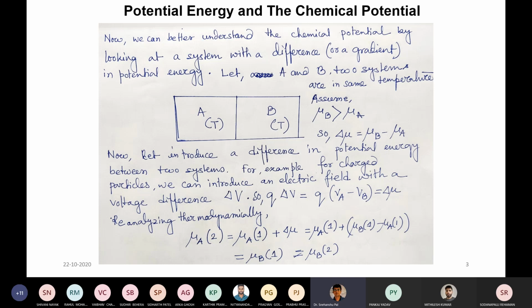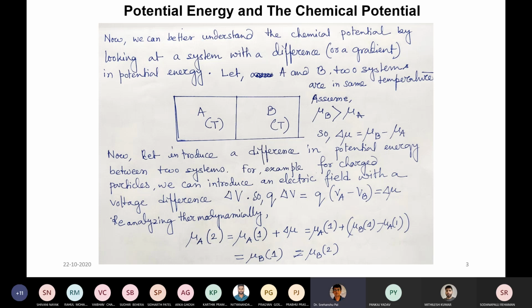Now we can introduce a difference in potential energy between the two systems. Take an example for charged particles: we may introduce an electric field with a voltage of del V, and we apply this to all particles in system A, so that we raise their potential energy by del mu.